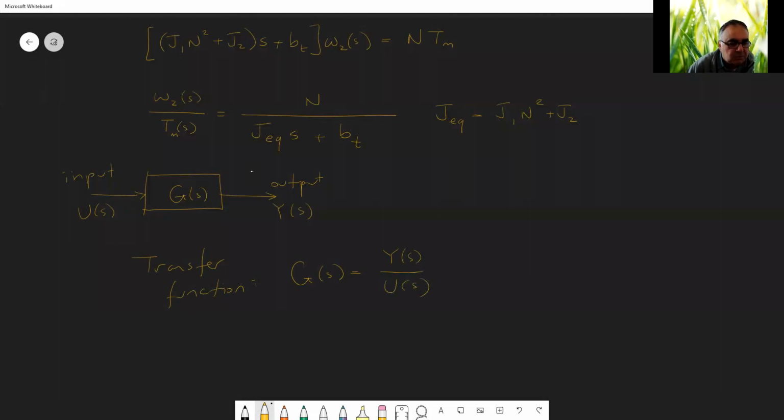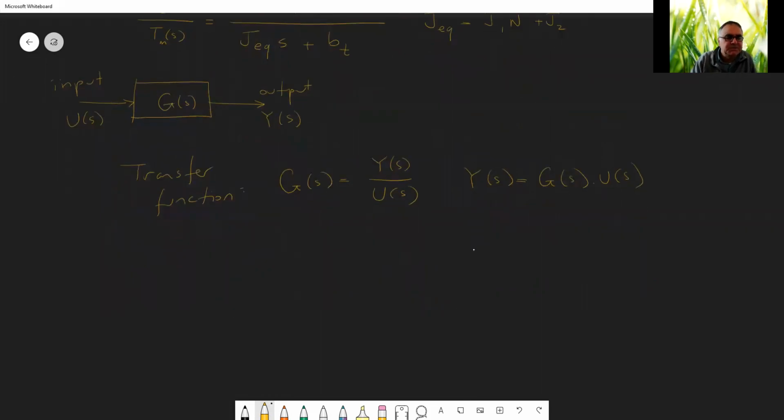So the input is transferred to the output simply by this algebraic operation.